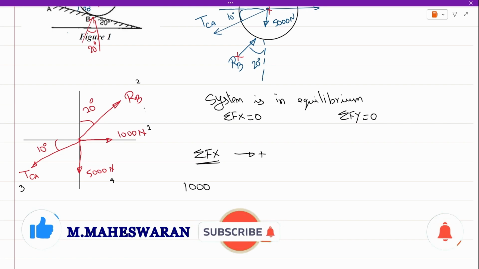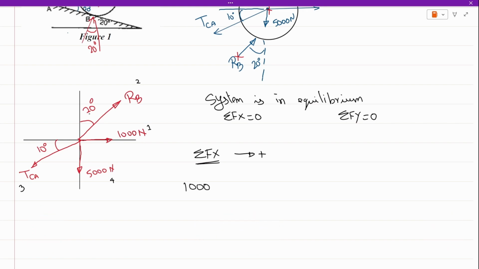RB, second force: I have to bring it to the x-axis. When I bring it to the x-axis, the angle is increasing, so we use sine. So plus RB sin 20 degrees. Next, the third one: bringing it to the x-axis, it is in the opposite direction, so negative.